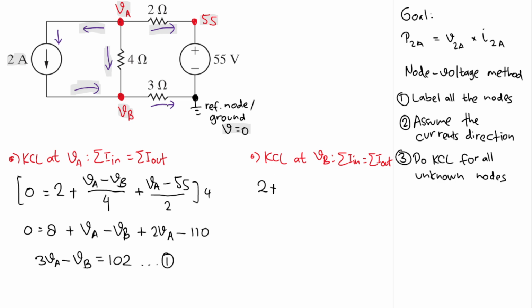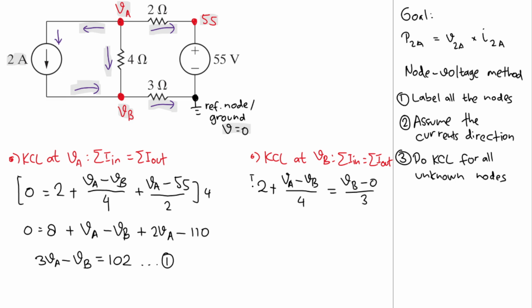And then plus this current here, I will have VA minus VB. VA where the current comes from, VB where the current goes to, divided by the resistance between them. I will have 4. And then this current here that goes out, I will have that equal to VB minus 0 divided by 3.